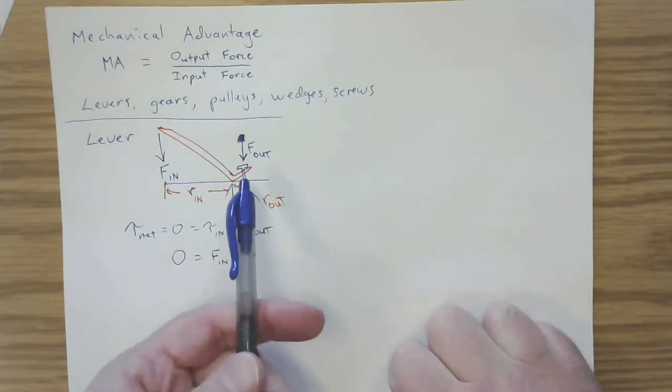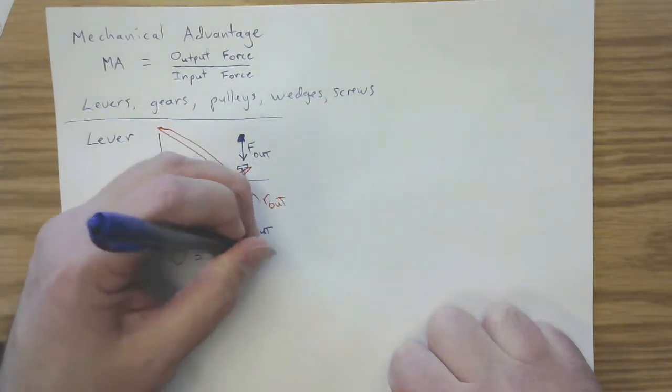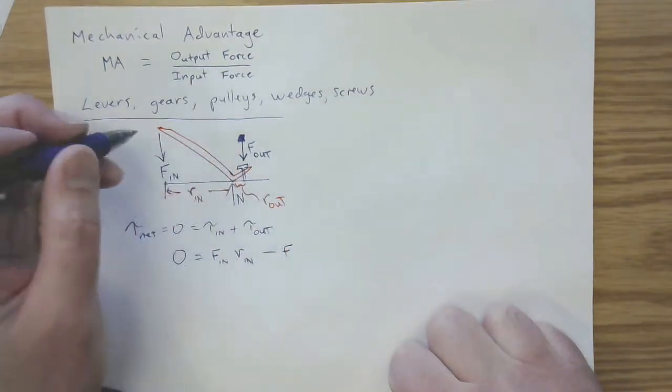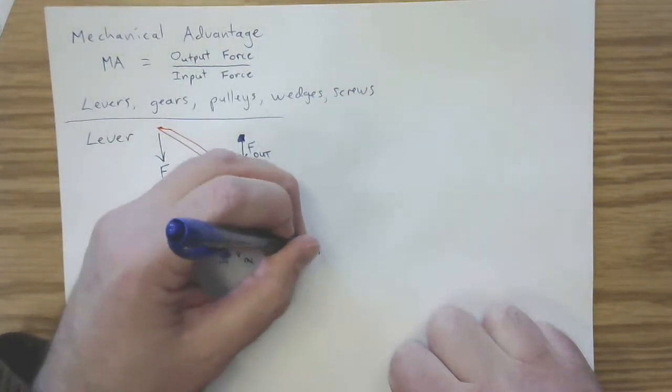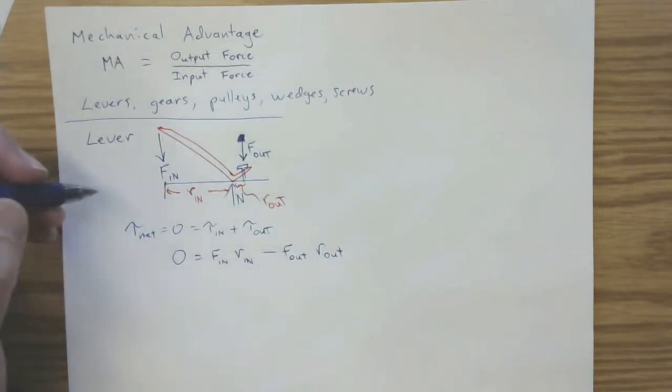The nail is pushing back on the crowbar. So we've got the F out going that way. F in will give us a positive torque, and this other term will give us the negative torque: F out times R out. Unexpected little twist in the story.